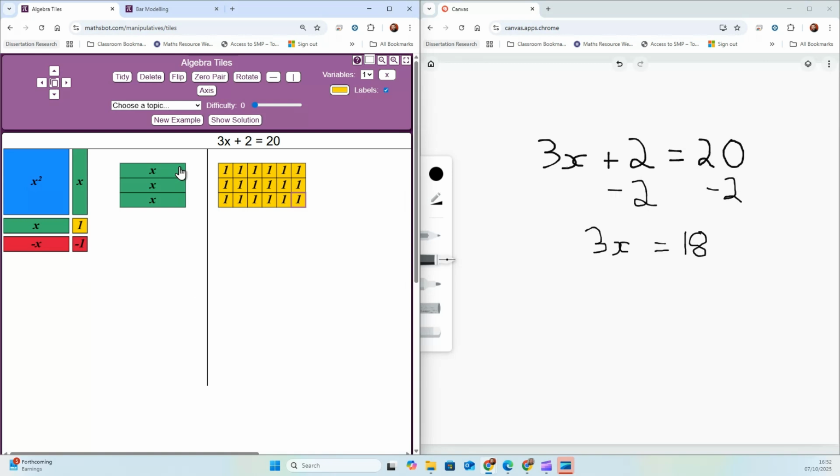So we can almost split this into 3 equal parts, and then split the ones into 3 correspondingly equal parts.